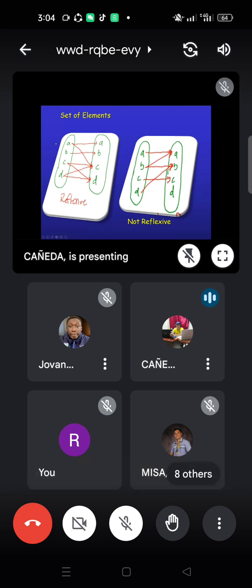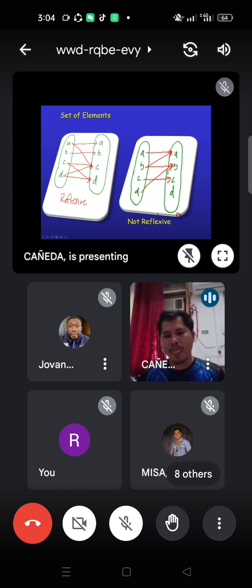So this is called reflexive because every element of the set is mapped to itself. We have (a, a), (b, b), (c, c), and (d, d). Unlike the other illustration on the right side, this is not reflexive because one of the elements did not map to itself, the d and d.